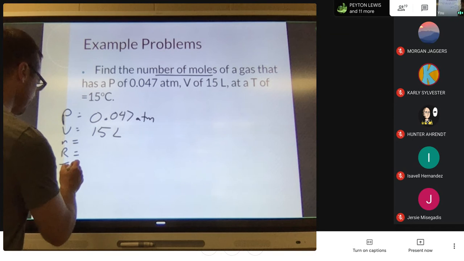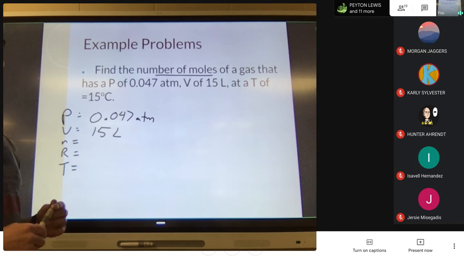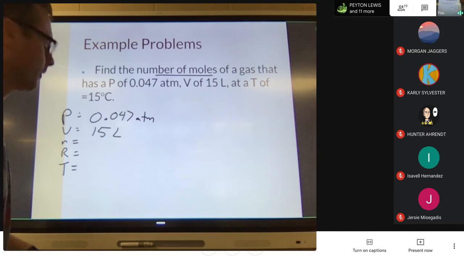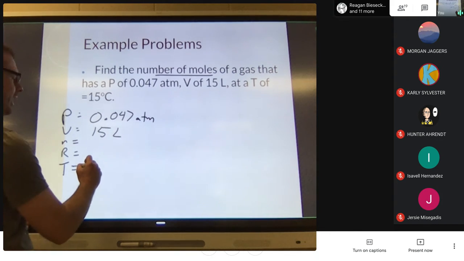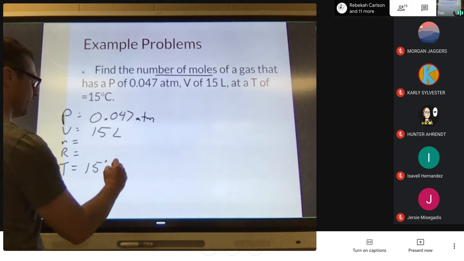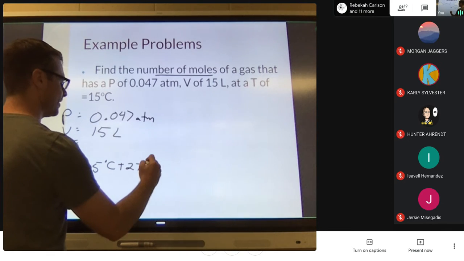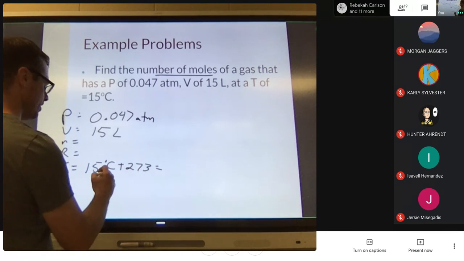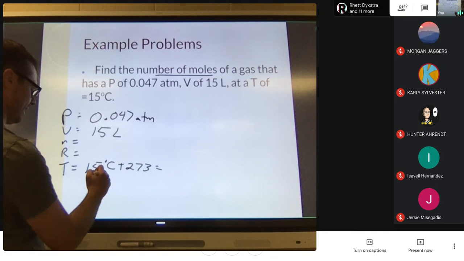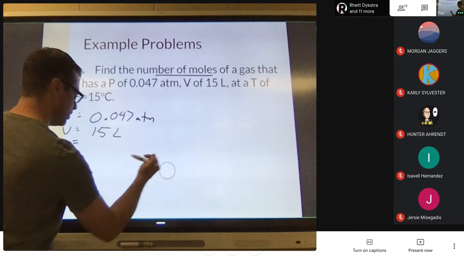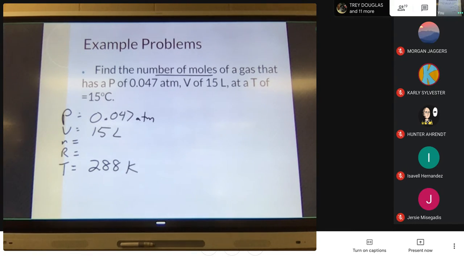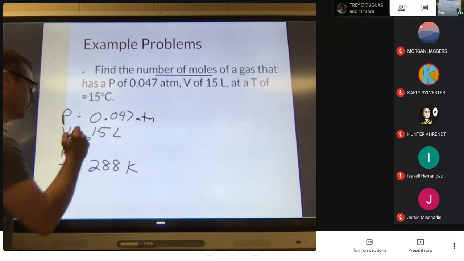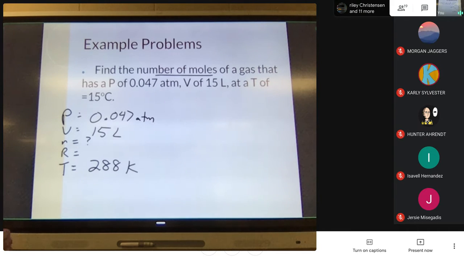A lot of people in the gas laws assignment from a couple weeks ago made the mistake of forgetting to convert temperature into kelvin. So we cannot use 15 degrees Celsius. We have to add 273. What is this, 288? So we would have 288 kelvins here, and we're going to use that. The question is about moles. We don't have a clue what that is. That's what we're solving.